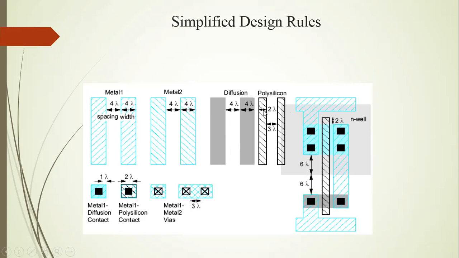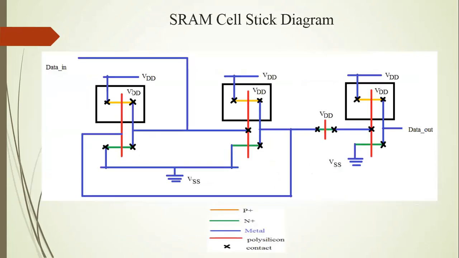Actually, polysilicon means the gate length of the MOSFET, and lambda is half of the feature size, and feature size means channel length. Hence this polysilicon width is 2 lambda. So this is the lambda design rule, and this SRAM cell you implement in Microwind software. Here I will explain this Microwind software.